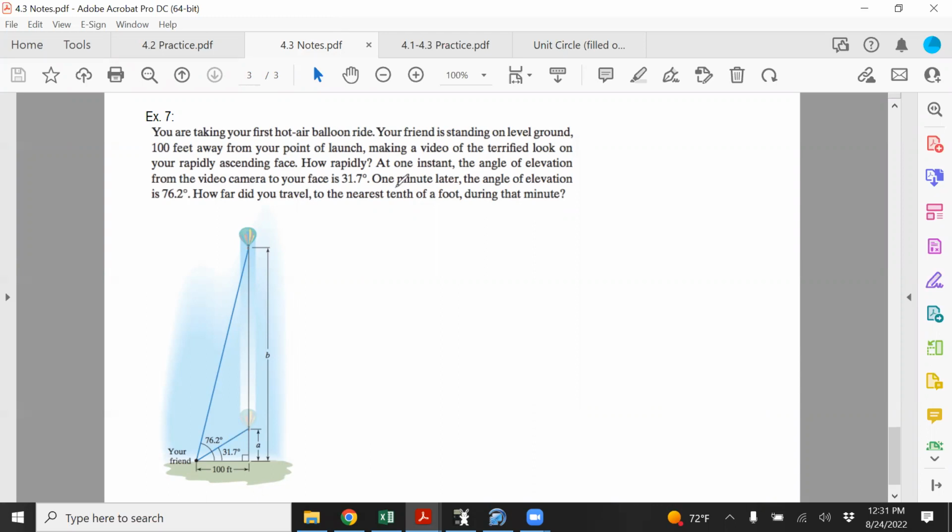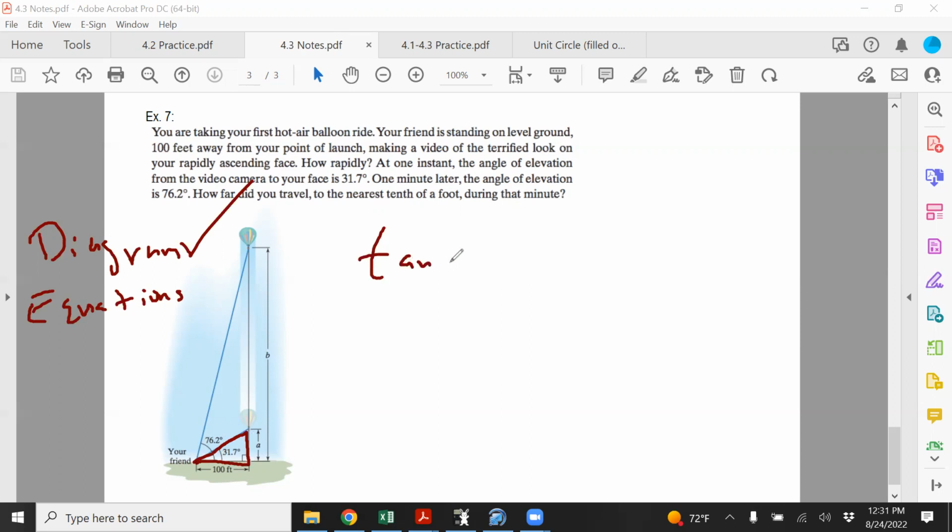So what we have to do, the diagram is done, so we're good there. Diagram check. But now we're going to need 2 equations. What are my equations going to be? So tangent again.